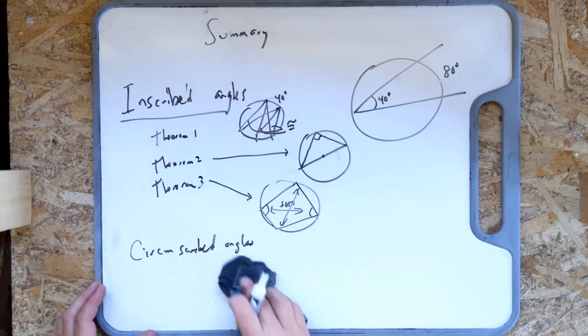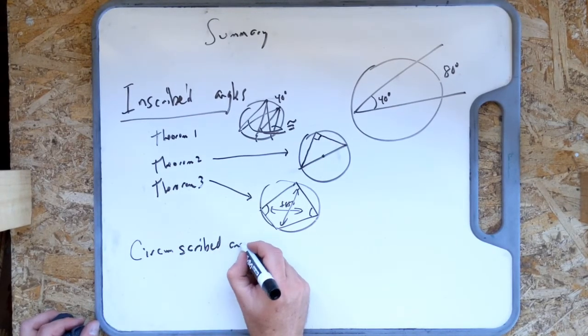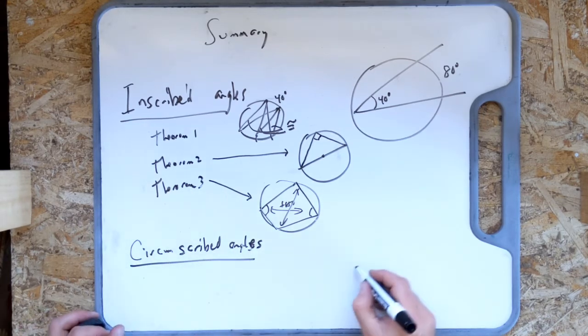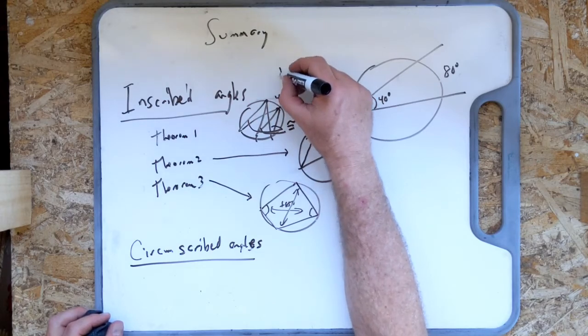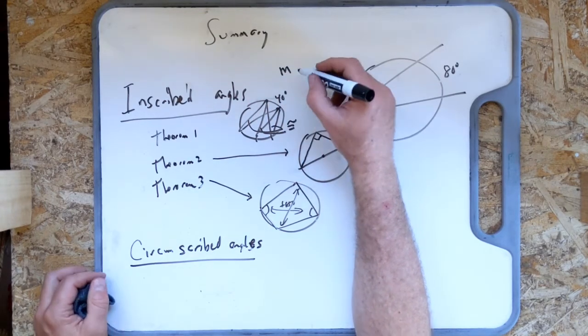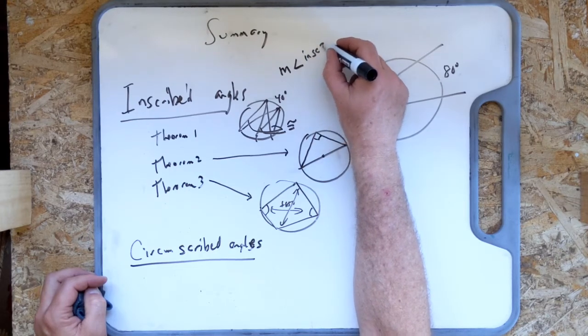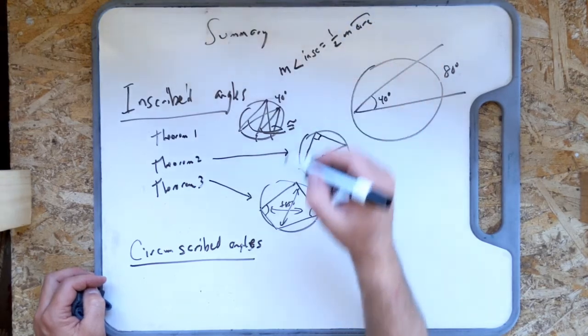That's really poor handwriting. I'll write it again. Oh, I missed a formula up here. Sorry. For inscribed angles, the measure of the angle inscribed is 1/2 the measure of the arc that it intercepts.